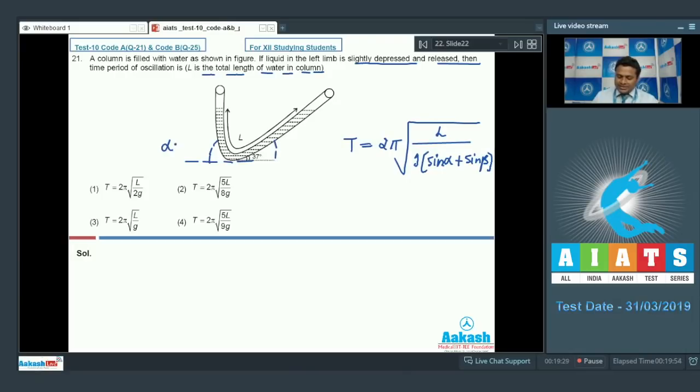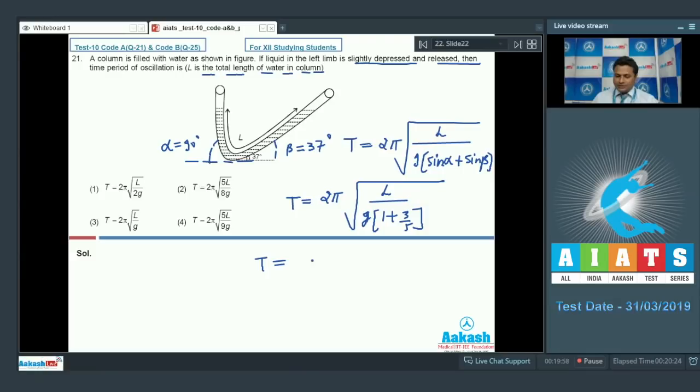So here we can say that alpha is 90 degrees clearly and beta is 37 degrees. Now let us put these values into the expression. We'll get T equals 2 pi under root L upon g times sine 90, that is 1, plus sine 37, that is 3 by 5.